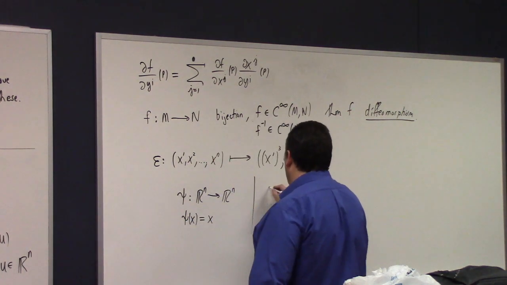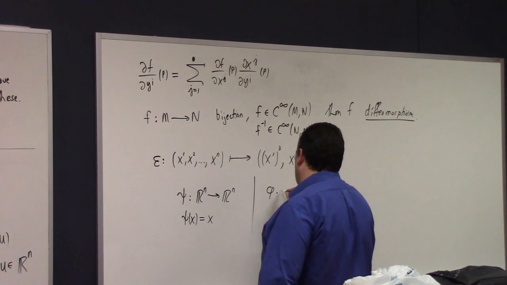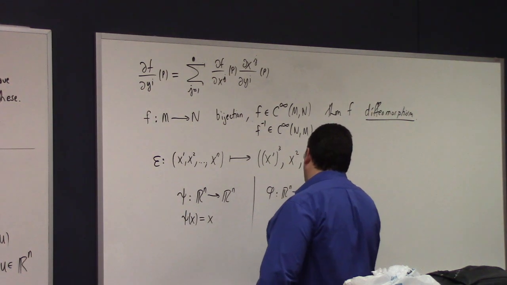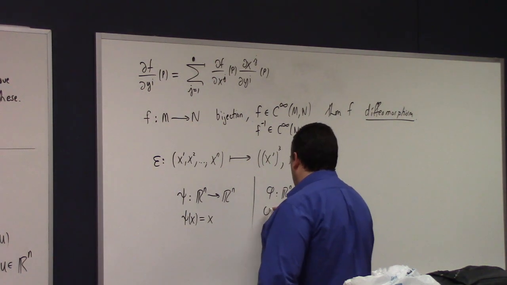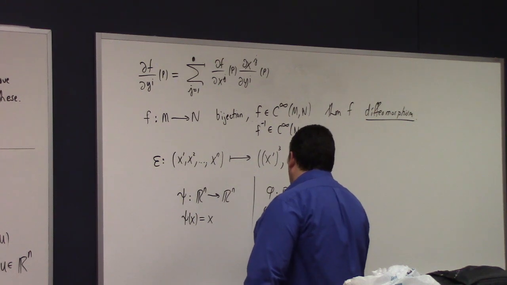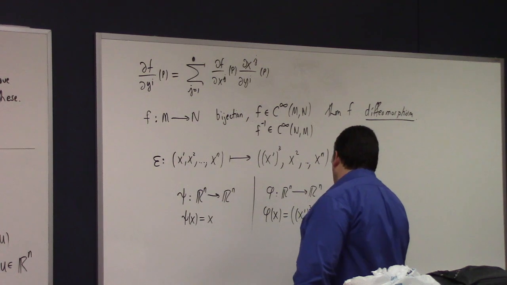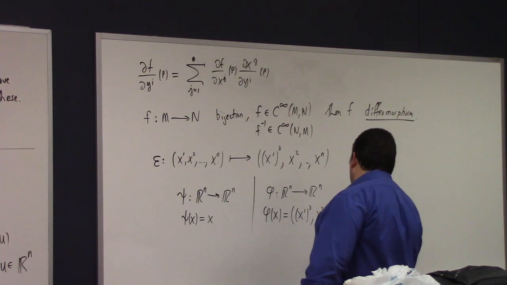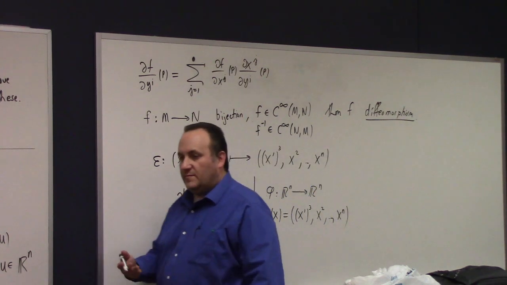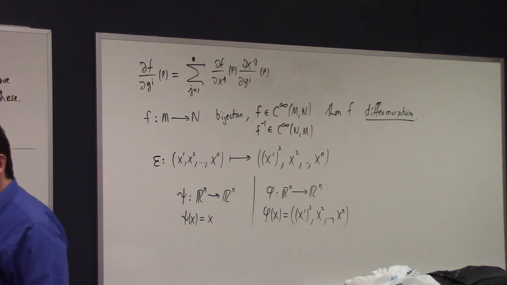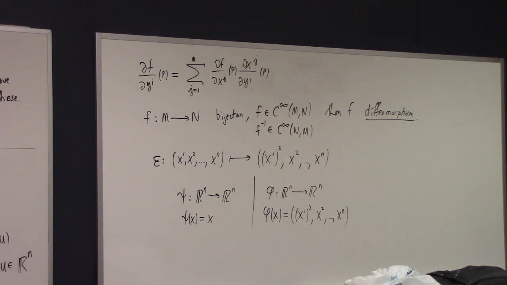We can also talk about phi from R^n to R^n, where phi of x is equal to x1 cubed, x2, ..., xn. These are both global charts on R^n, but for the reason I started talking about class today with, they are not compatible.